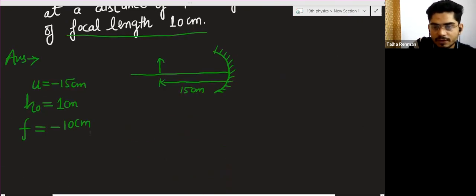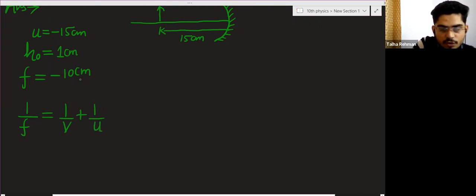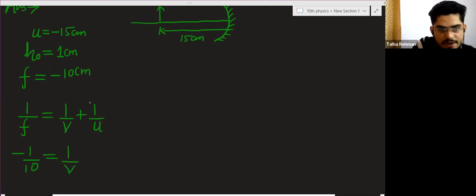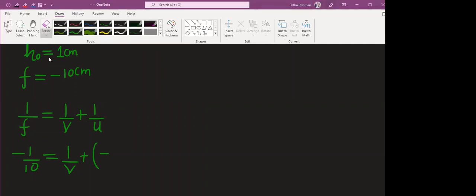So we have a formula. First we will find the position. For the position, we have this formula: 1 by f equals 1 by v plus 1 by u. We have to find this v. Take all the things with sign. This will become minus 1 by 10 equals 1 by v, and 1 by u is plus, and this will become minus 1 by 15.